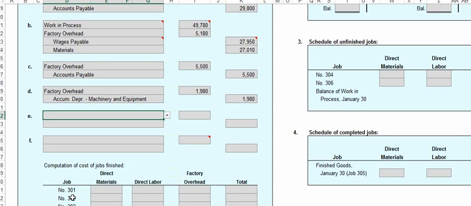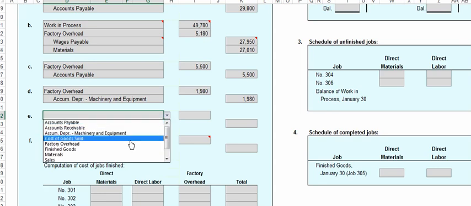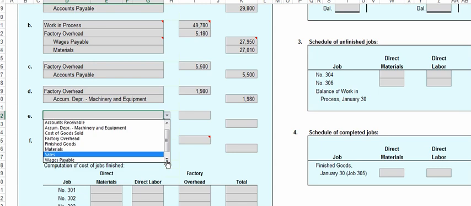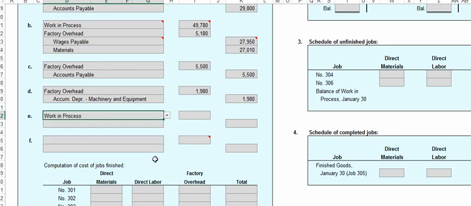Now we hope we estimate perfectly, like we mentioned earlier. Of course, we're probably not going to. We'll see how close we get as we start to wrap up the problem. But our estimate of factory overhead, which is what we're doing here in E, we're going to debit work in process. The amount of factory overhead included in work in process is actually an estimate, so that we can determine the cost of the job at an earlier date.